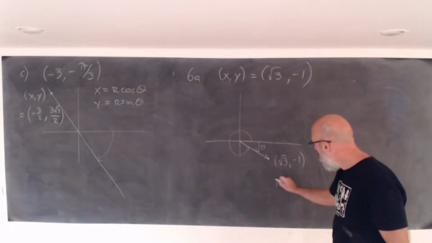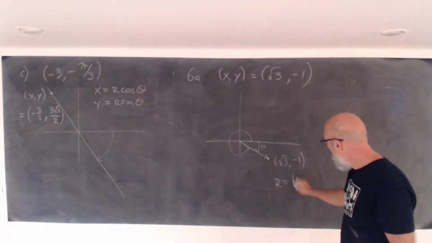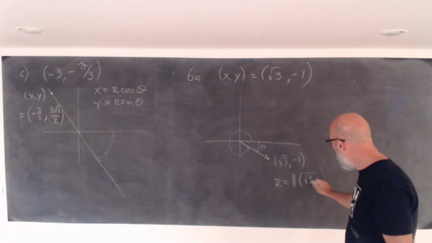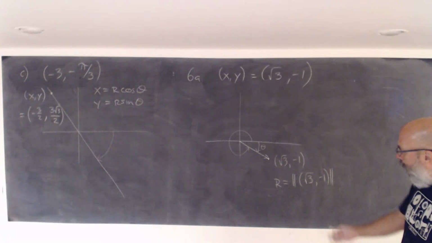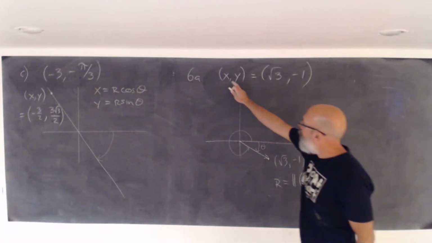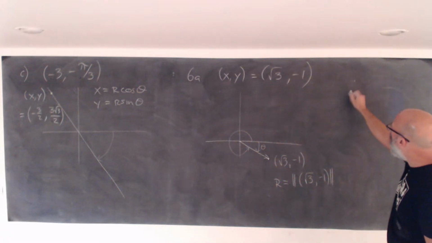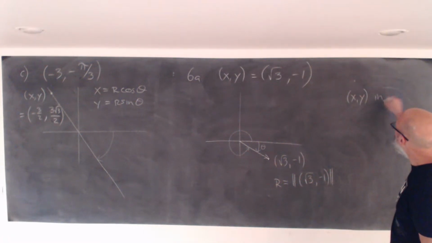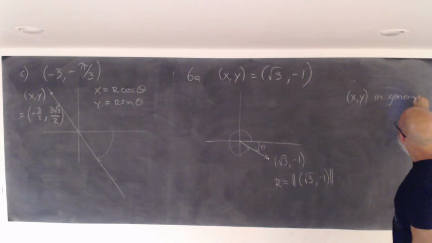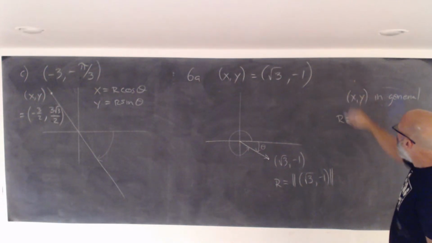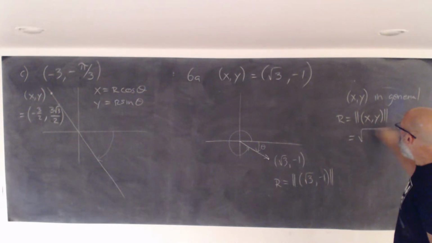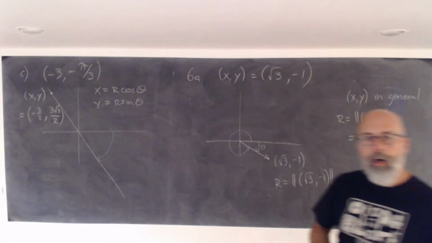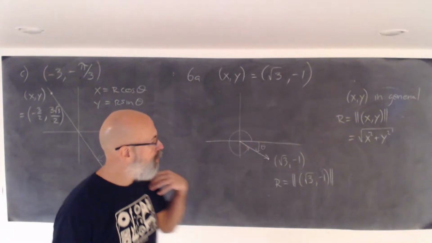So r is the length of this vector. Or, if you have a point x, y in general, the length is the square root of x squared plus y squared, which we saw arising naturally in the circle example.